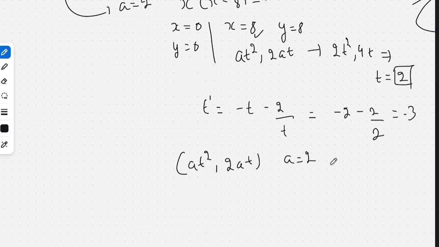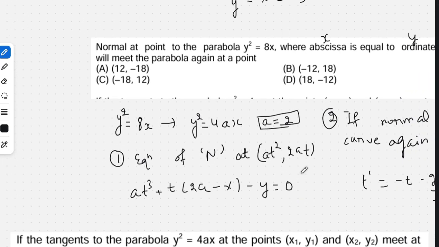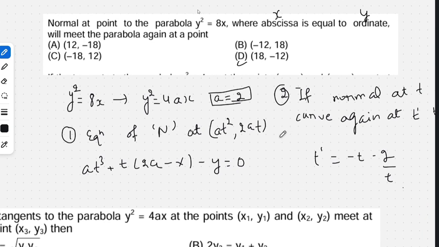Substitute a is equal to 2 and t is equal to minus 3. Your result will come out to be 2 into minus 3 square, which is 18, and 4 into minus 3, which is minus 12. So (18, minus 12). Let's see. (18, minus 12) is option D.